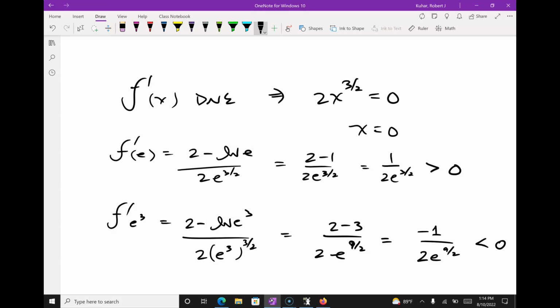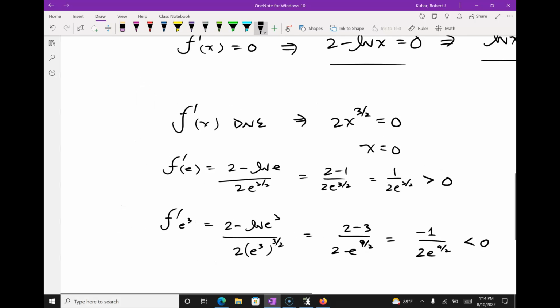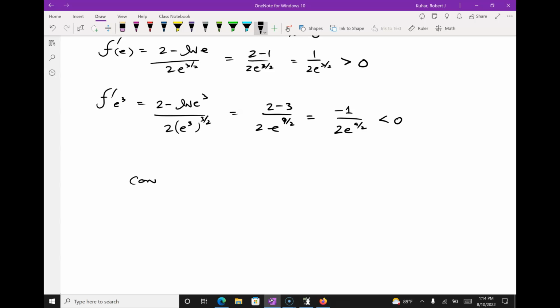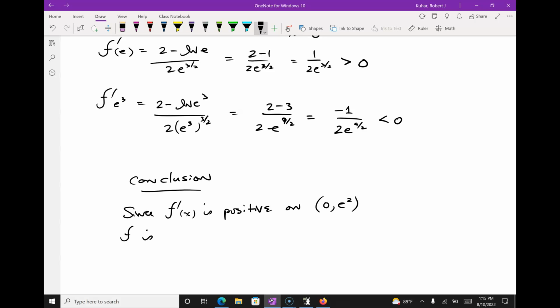I want to be careful if the graph could trick me, so I want to make sure I double check with calculus. What's my conclusion? Since f prime of x is positive on 0 to e squared, f is increasing on the same interval.